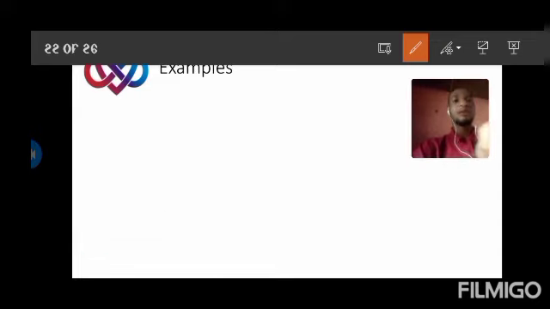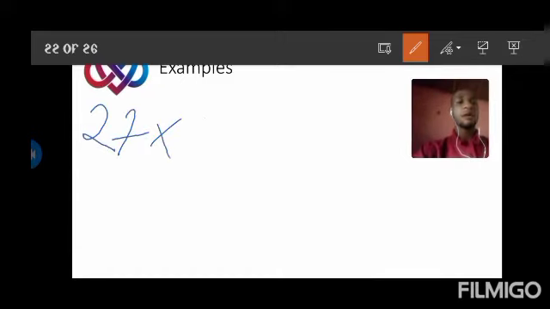So let's take further examples and make it clearer. Let's take a higher number. For example, let's assume we have a number like 27 multiplied by 125. Yep, that's somehow huge, right?